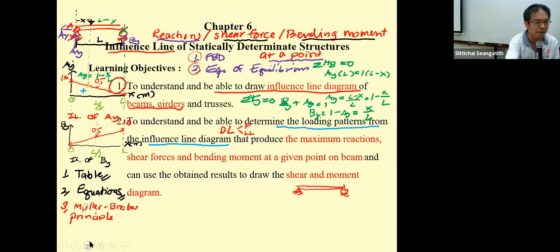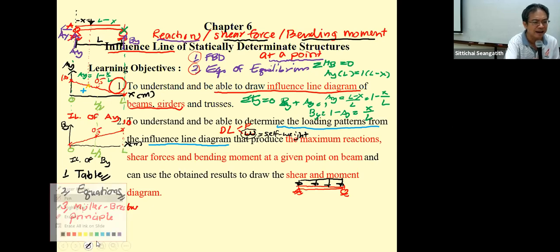Most of the time, no matter the shape of the influence line, we just put the dead load on the whole beam, because the dead load, that is uniformly distributed load, is the self weight of the structure. That means it's always full.